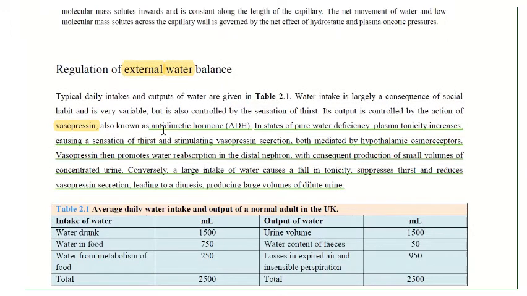هذا الفازوبرسين أو الأنتي دايوريتيك هرمون. فقلنا أنه هذا الفازوبرسين promotes water reabsorption in the distal nephron. إذن يسوي water reabsorption in the distal nephron with consequent production of a small volume of concentrated urine. فراح يكون اليورين بهيج حالة small volume ومركز.